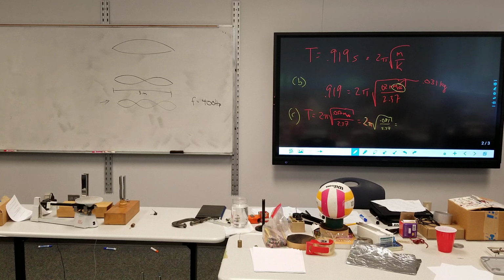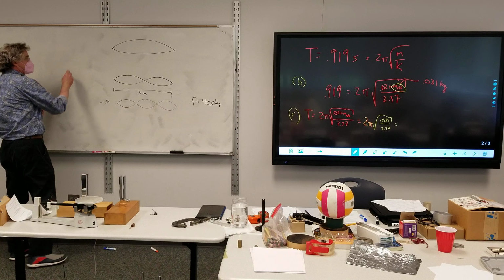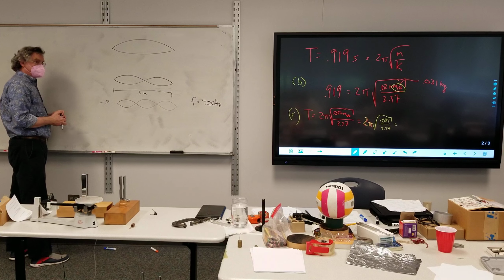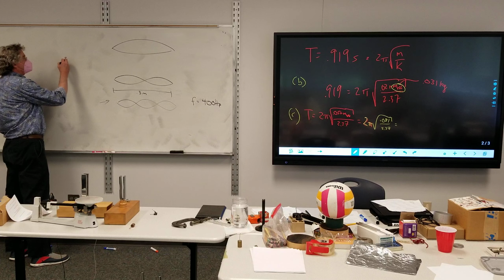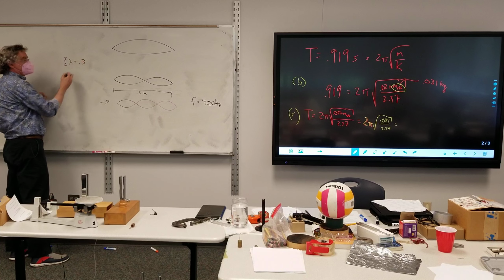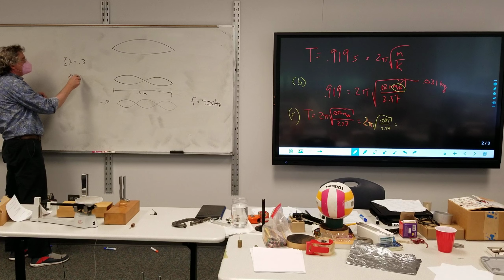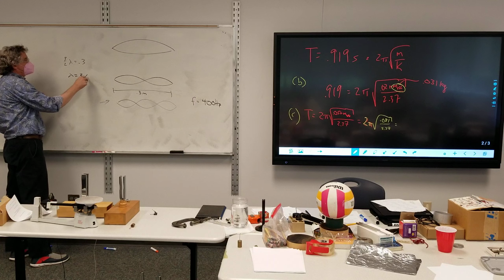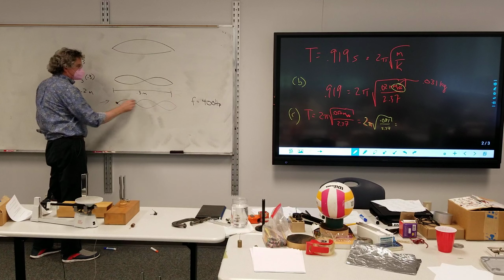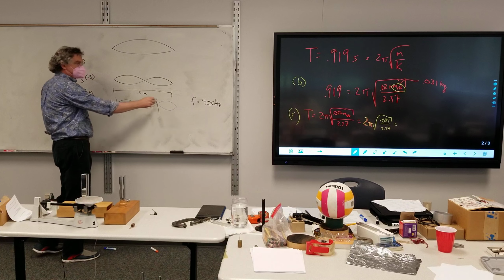Is it 3 halves times 0.3? Where do you get 3 halves from? 1.5. So 3 halves of a wavelength is equal to 0.3. Oh, so it'd be 2/3. Yeah, which is 0.2 meters. That's the wave, it's 2/3 of the whole thing.